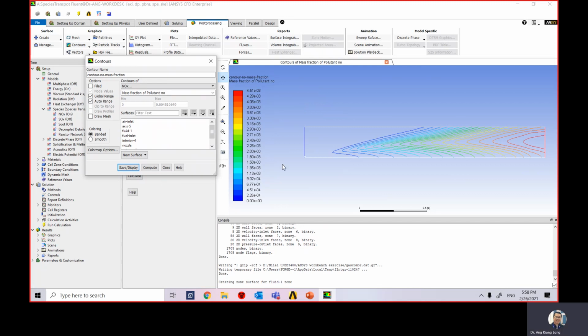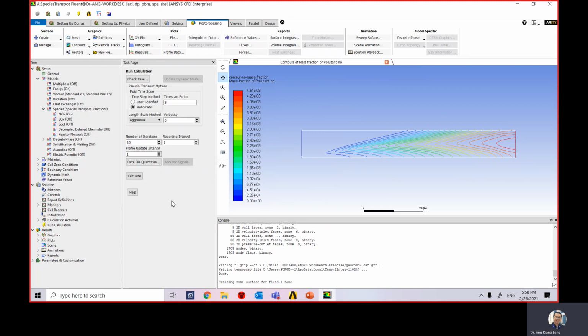Okay, so this is how you project the pollutant for nitrogen oxide in the mass fraction. So we close it. The next one, we're going to ask the computer to give us the value of the average of our nitrogen oxide mass fraction.